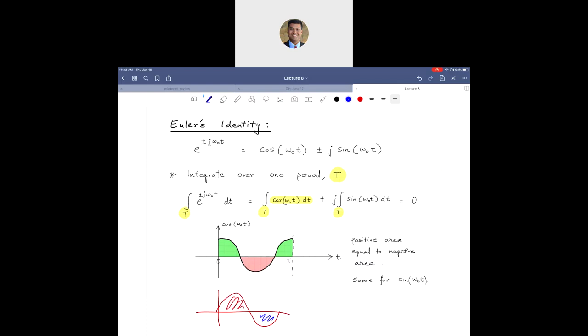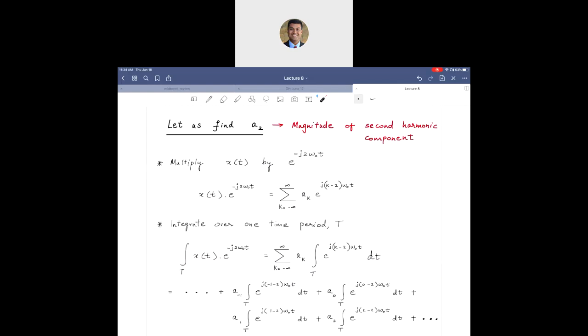So even this guy will go to 0. We are going to use this later during a simplification step. But essentially what we are saying is, if we take e to the plus or minus j omega naught t and integrate it over one time period, you will get a 0. So while we note this, let us move on.